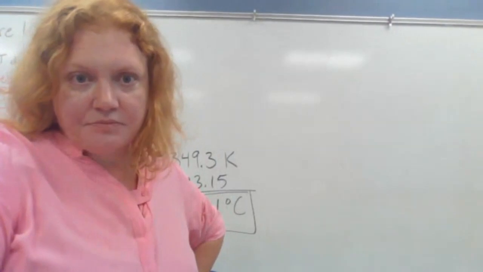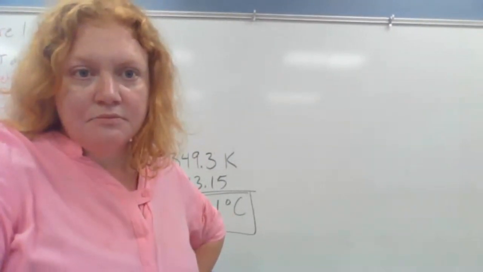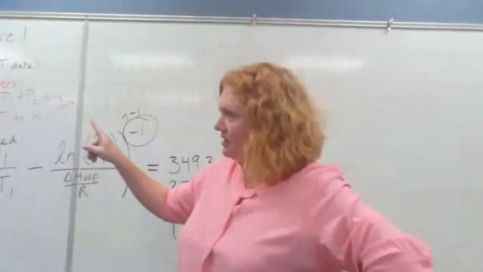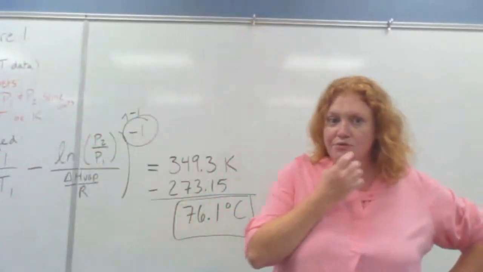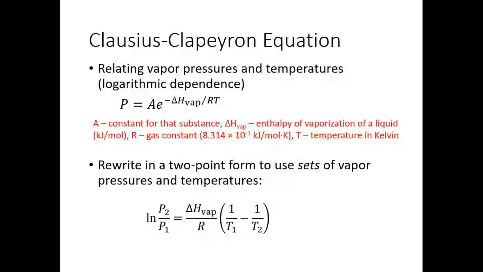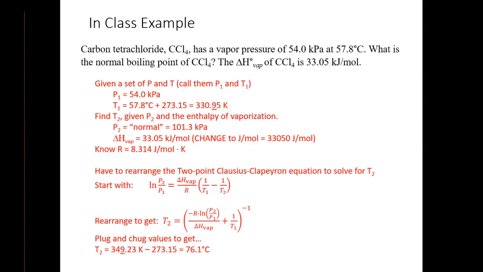So, if you do go look at my slides, these lecture 1 slides, it's almost toward the end of them. All right, here is that question we just worked, okay? And it shows you the rearranged version.